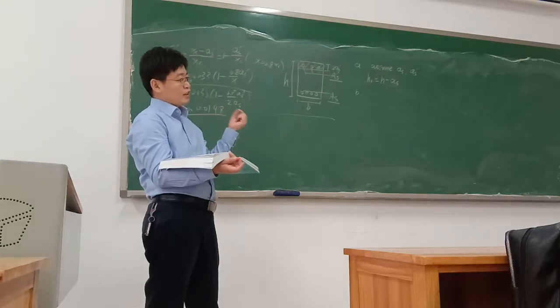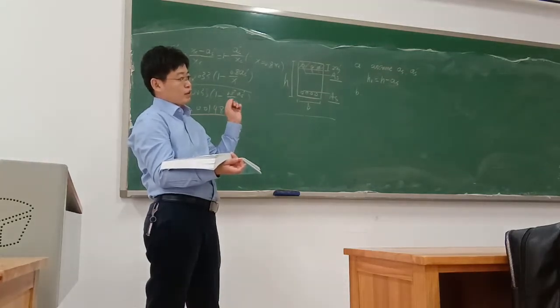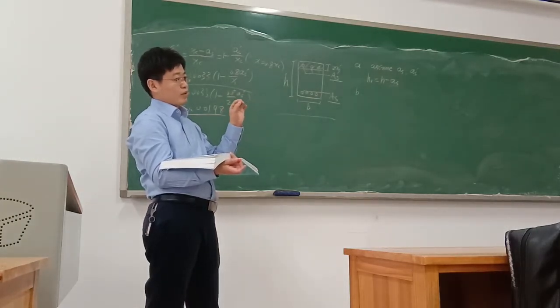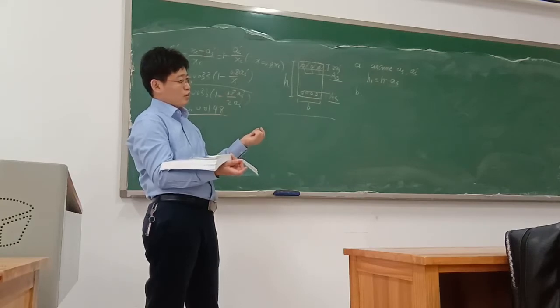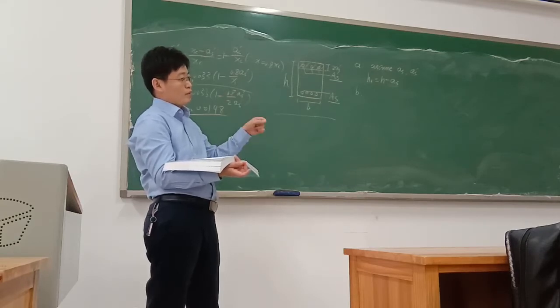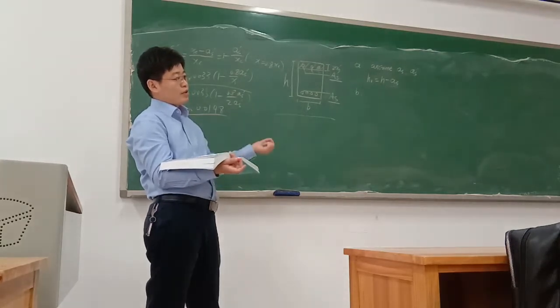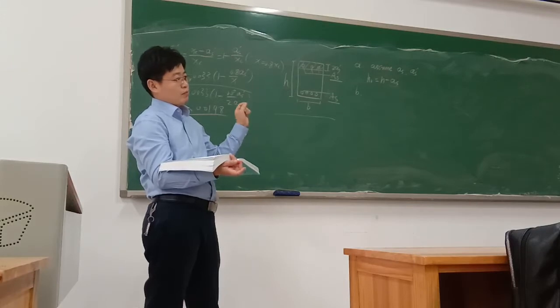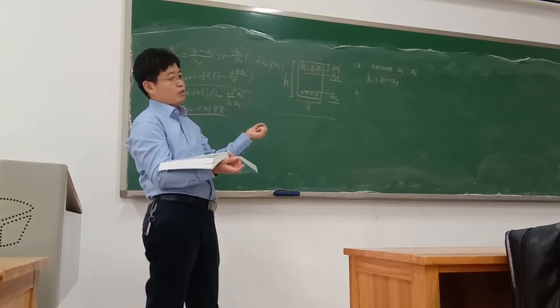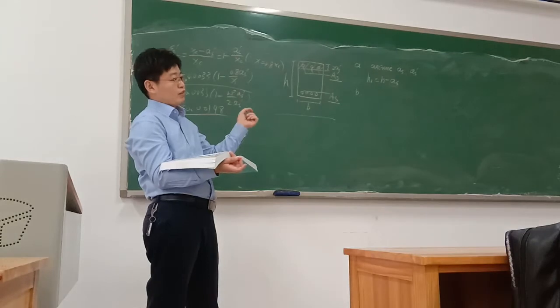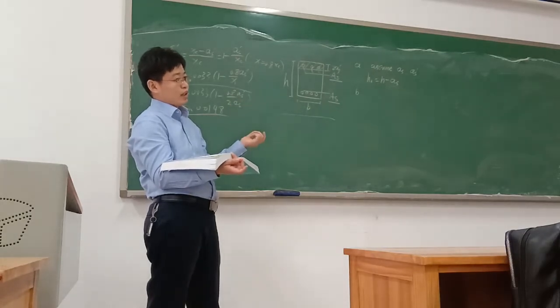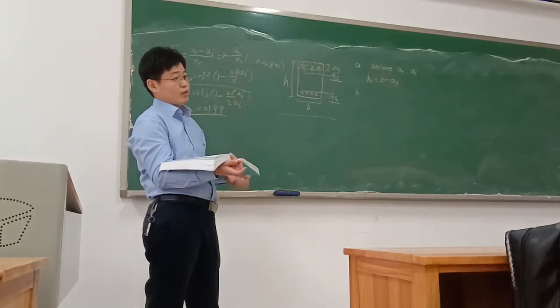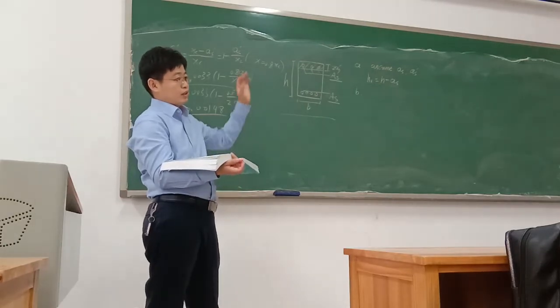If we use the equation for the single reinforcement beam to calculate the resisting moment MU, and this MU is smaller than gamma 0 MD, the moment induced by the external load, that means the single reinforcement beam is not strong enough to resist the load. Then you have to design a double reinforcement beam.